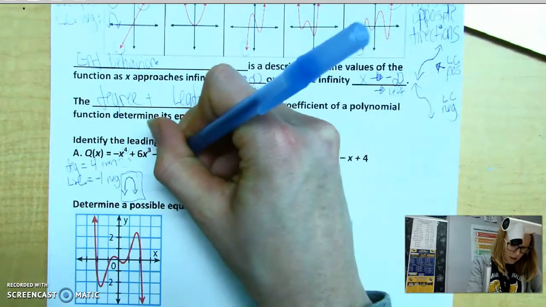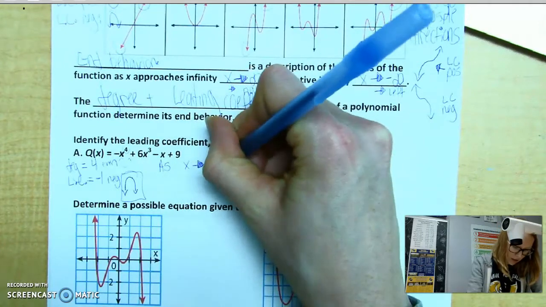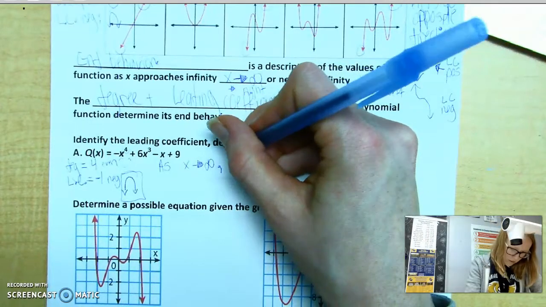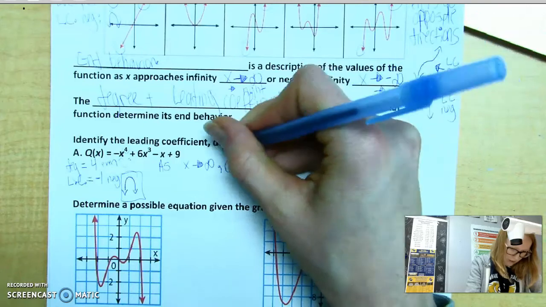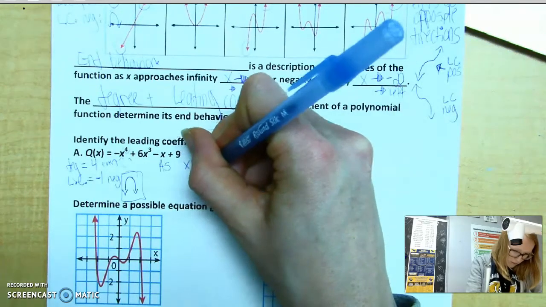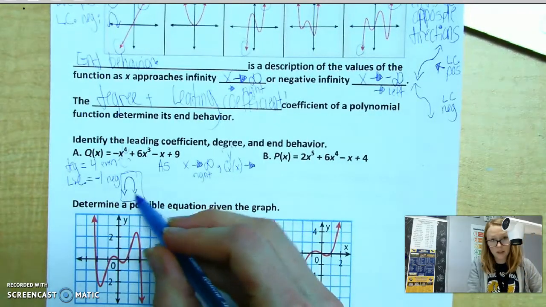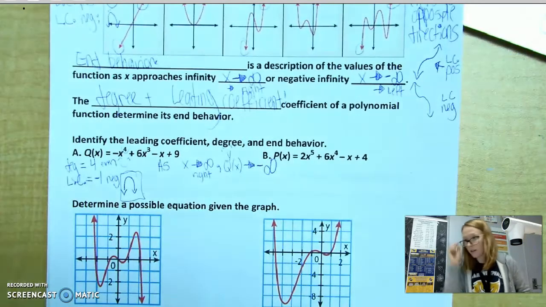So as x approaches infinity, so as we're moving to the right, where is y going? So y is the same thing as that function notation for q of x, right? Well, if we're looking on the right side of the graph, our arrow is pointing down, which would be towards negative infinity, right?